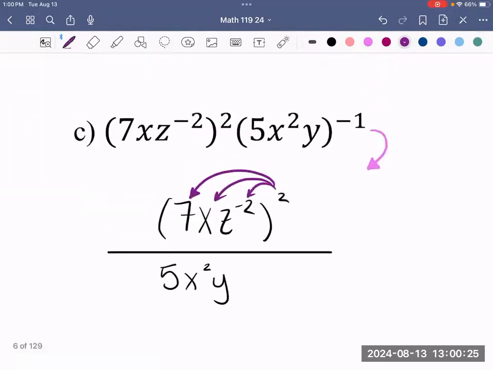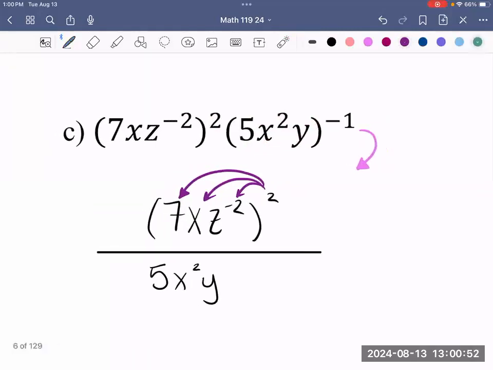Now, if you wanted to, you can certainly distribute this negative throughout, but keep in mind, if you are distributing a negative, it's the exponent that's negative, it's not the coefficient that's negative. So these would all have a negative exponent, and then you would have to drop all of them because they would all have a negative. So be super careful if you do go ahead and distribute a negative. And I'll put something like that on the side.